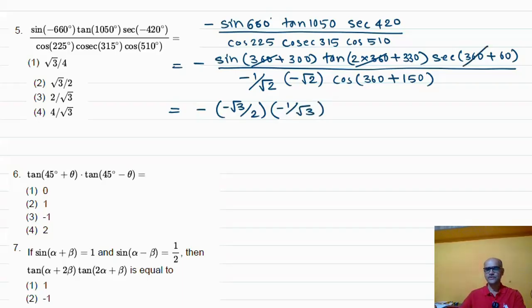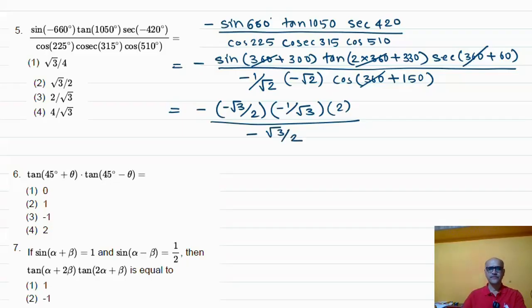Next, again you leave this, secant 60 is the reciprocal of cos 60, so it will be 2, divided by, so these two get cancelled, root 2, minus becomes plus. Here again cos of 360 plus 150, I drop 360, 150 is in the second quadrant so it is negative, 180 minus 30, so cos 30 is root 3 by 2.